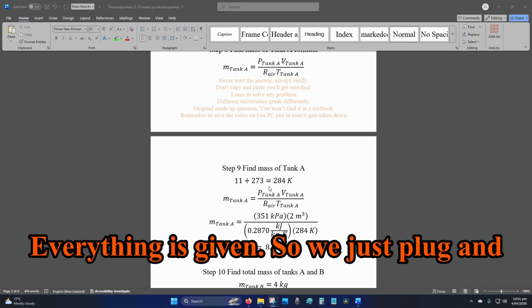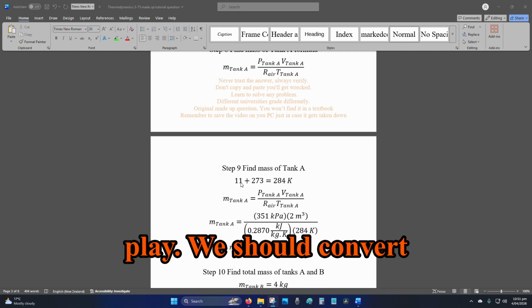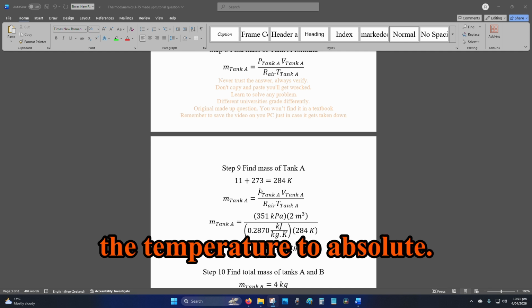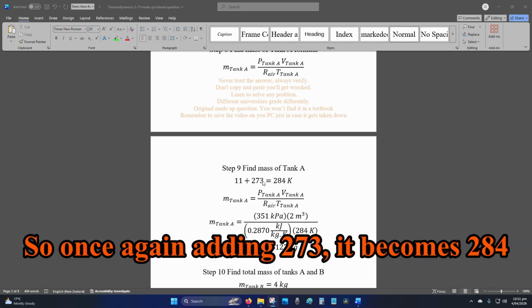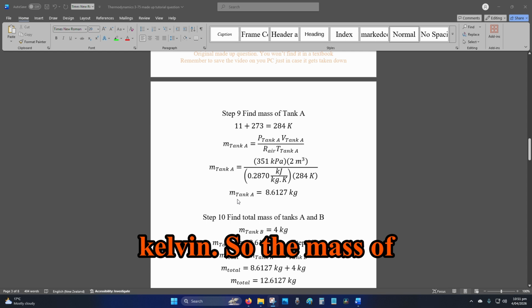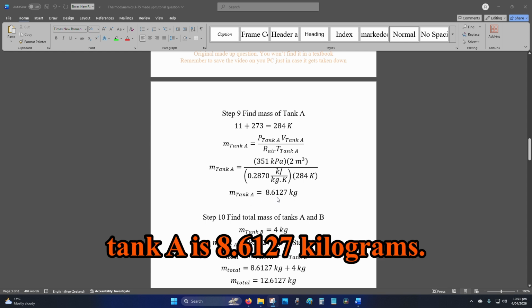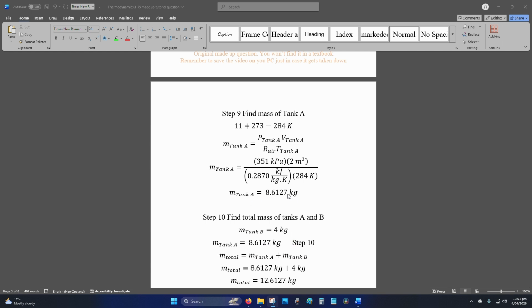So we just plug and play. We should convert the temperature to absolute. So once again, adding 273, it becomes 284 Kelvin. So the mass of tank A is 8.6127 kilograms.